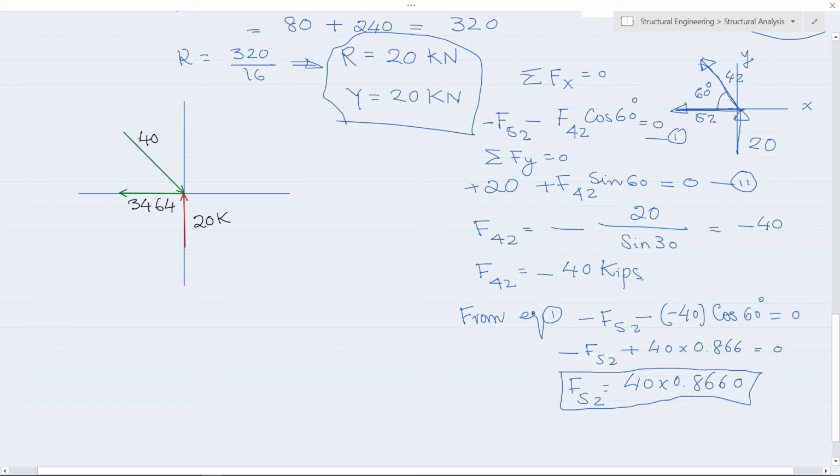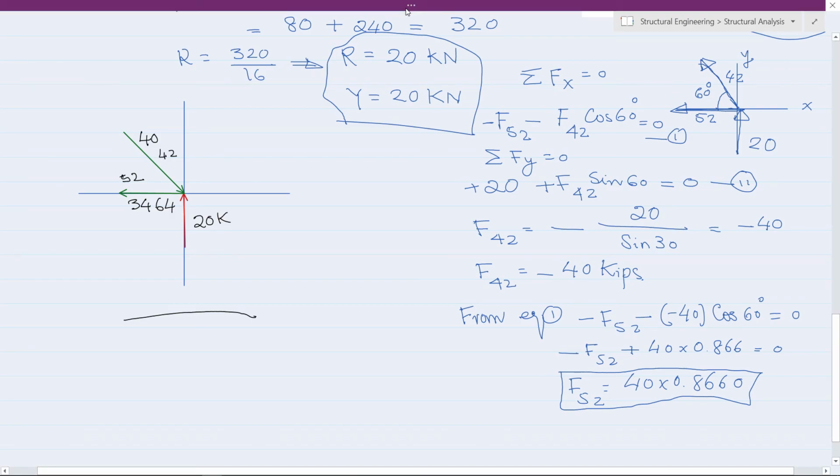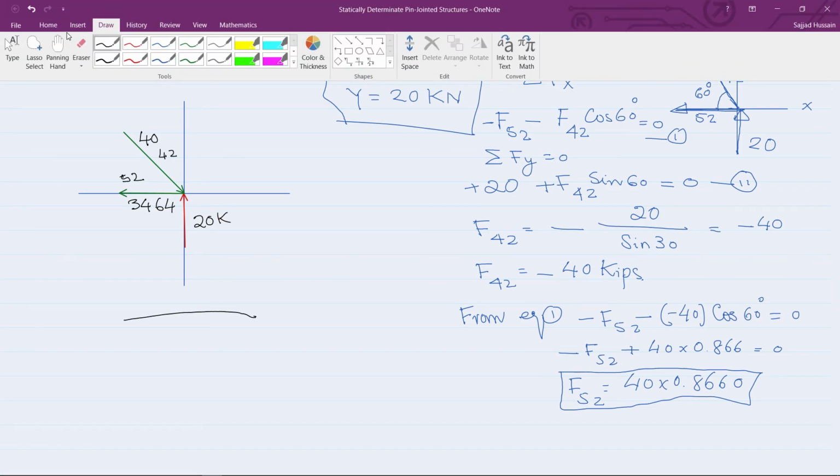Now we notice the direction of internal forces in the members. This is our member number 52. This is member number 42. Now, let us take this example of member number 52.